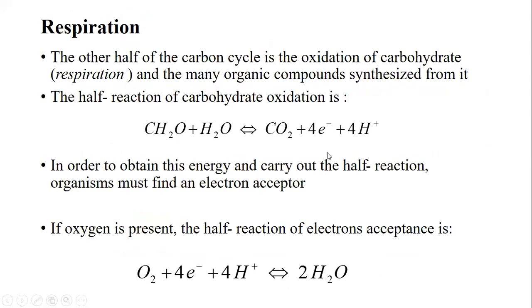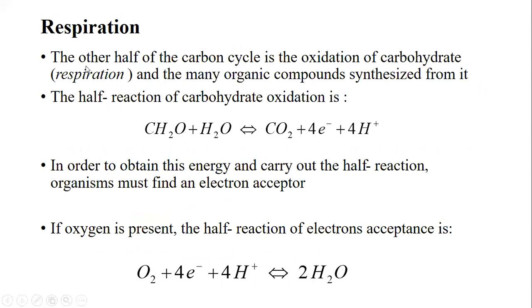Now the other part is respiration, which happens in the soil. This is inside the soil, where the plants respire and use oxygen. We'll see the other half of the carbon cycle, which is the oxidation of carbohydrate, respiration, and the many organic compounds synthesized from it.